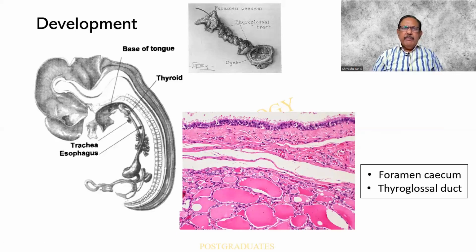But sometimes it can persist to form a thyroglossal duct, from which a cyst also can occur. So there is a thyroglossal cyst over here, and there is a persistent thyroglossal duct. The histology is what we see. There will be a pseudostratified ciliated epithelium and then a muscular layer. You may also see the thyroid follicles along with it. Sistrunk's operation is done for the surgical treatment of it.